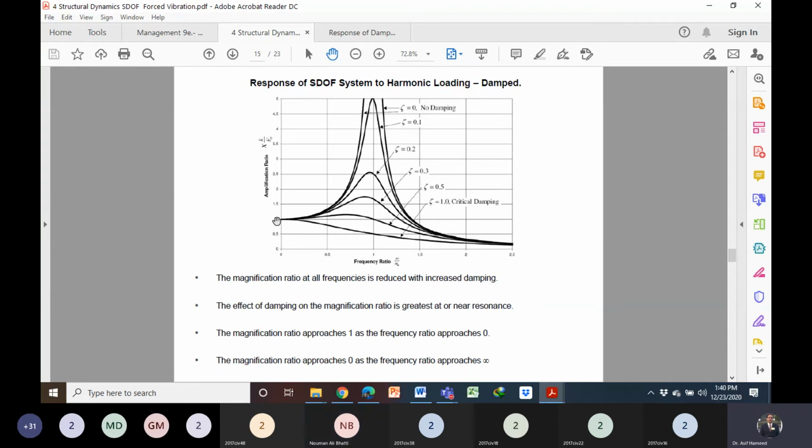इसकी रीजन क्या है बेटा? Where omega over omega n approaches 0, omega n is a constant for a particular system. It cannot be changed unless you change the system. ठीक है ना? But omega you can change.